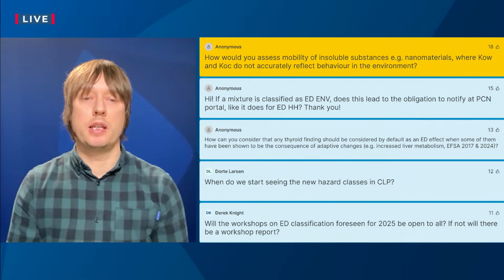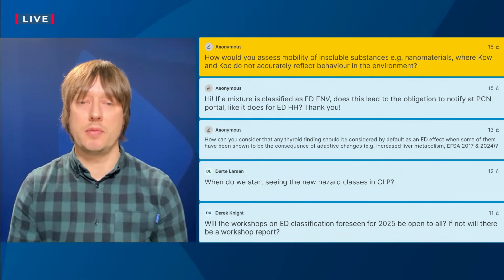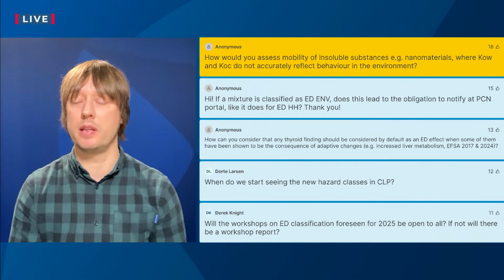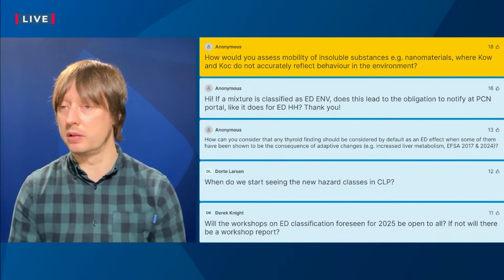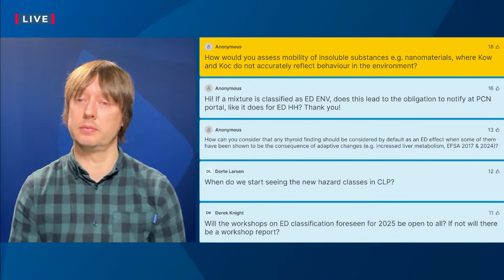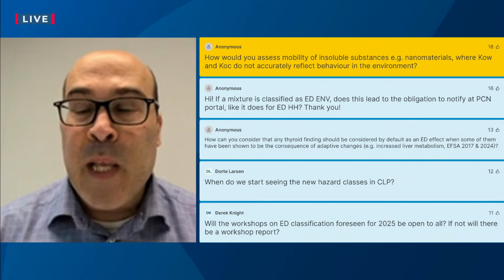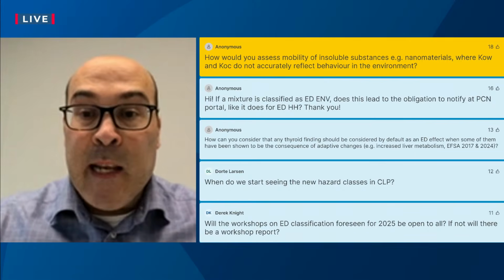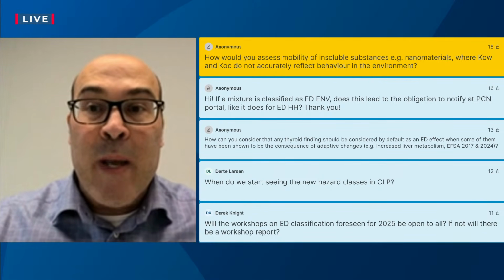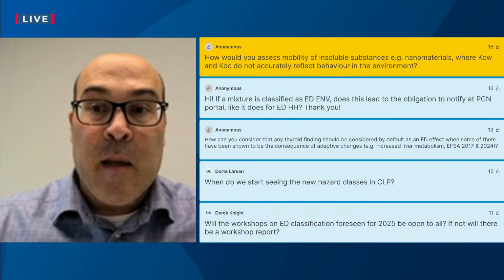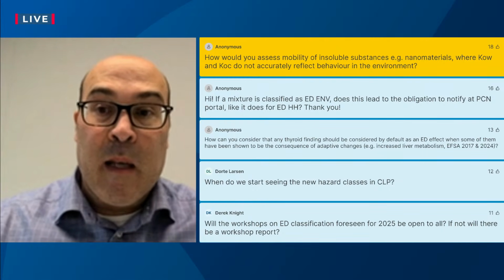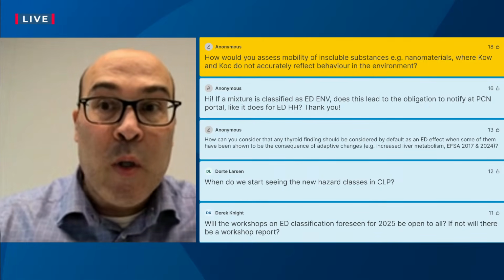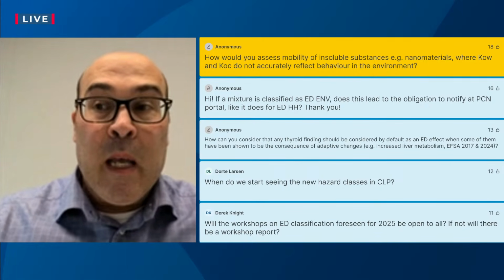How would you assess mobility of insoluble substances such as nanomaterials where the KOW and KOC do not accurately reflect the behavior in the environment? Kostas. I need to repeat the same type of answer that I have already given. Basically, that the legislator has introduced the KOC as the numerical index based on which whether the classification will be warranted or not needs to be compared with.